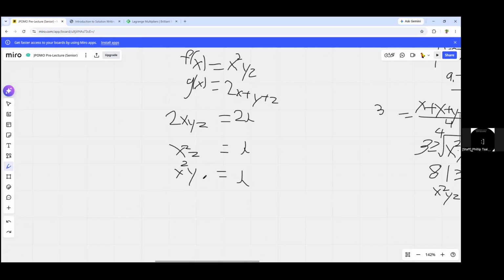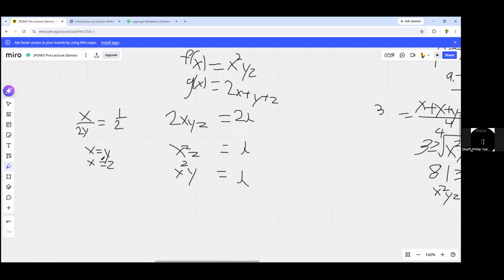Okay, in that case, we can divide the second equation by the first to get x over 2y is equal to 1 over 2, right? And so we get x is equal to y. And we can repeat this for x is equal to z as well, because y and z are symmetrical.